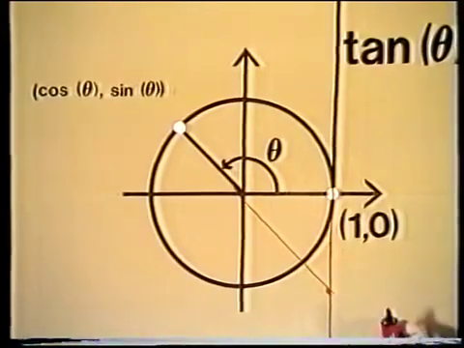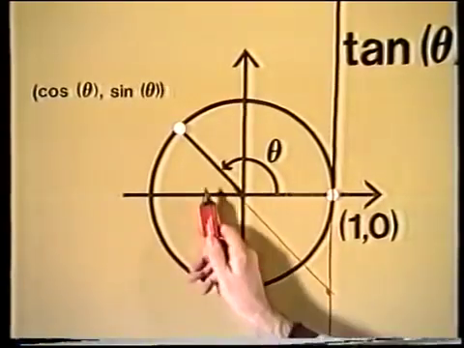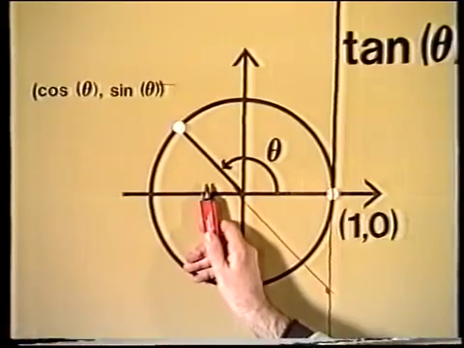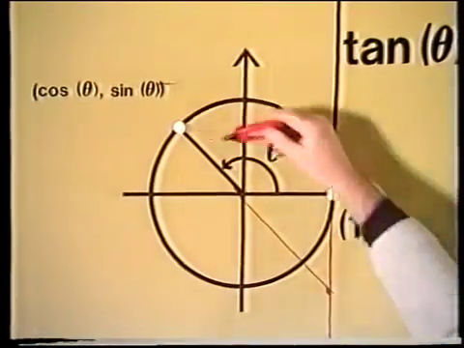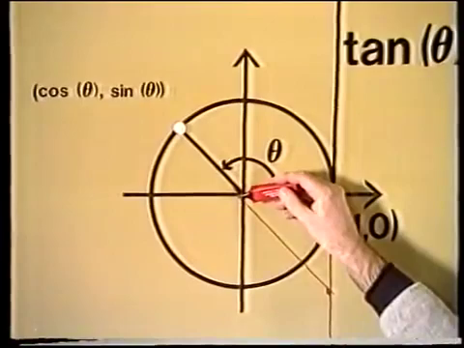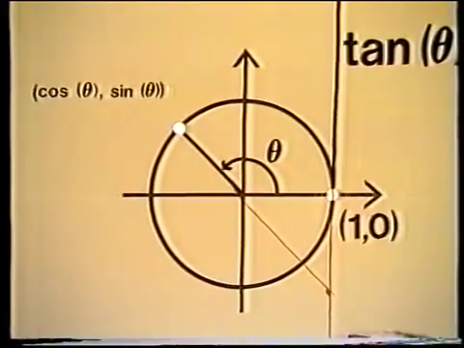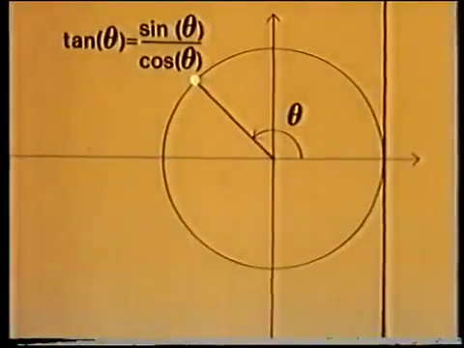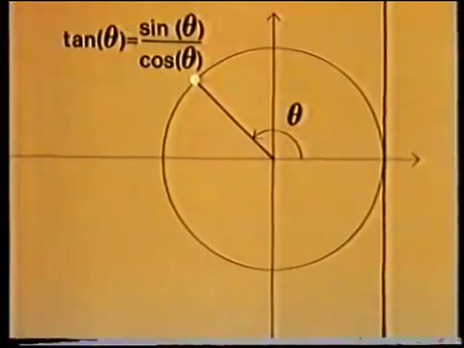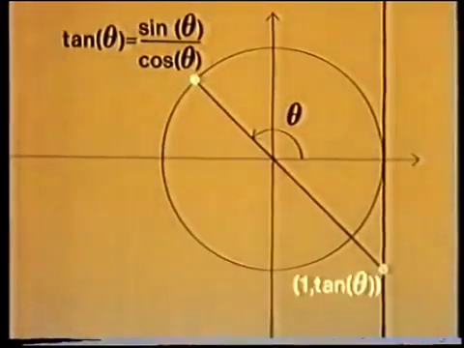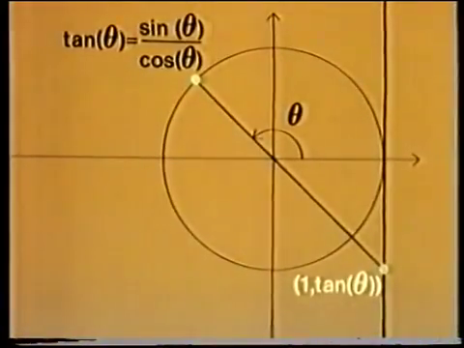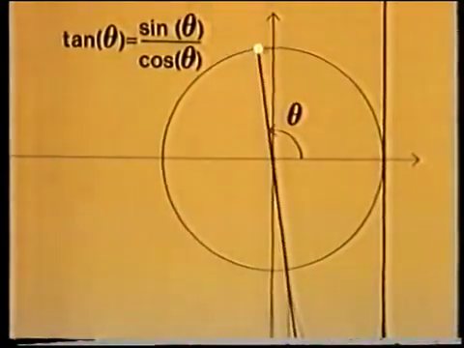And that's what we would expect, as tan theta is negative for theta in the second quadrant. So once again, we join the point and the origin, and we see where that line intersects the tangent to the circle. So for theta in this quadrant, we can find tan theta by extending the radius backwards so that it intersects the tangent again. Now we can continue plotting tan theta for theta up to pi.